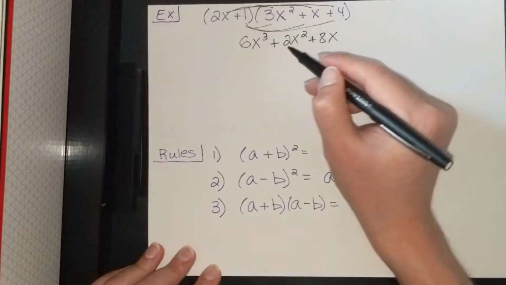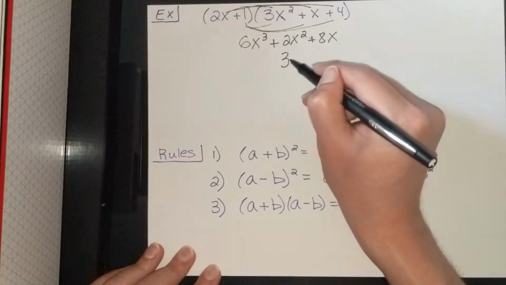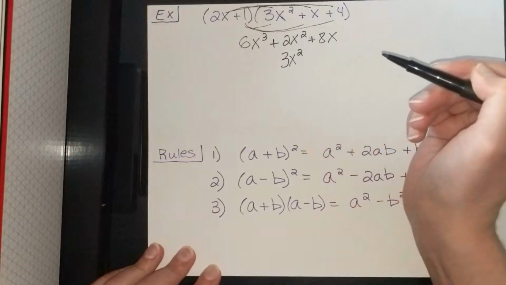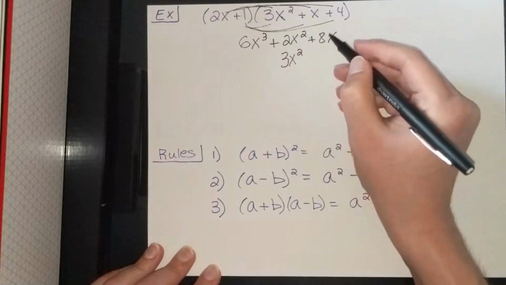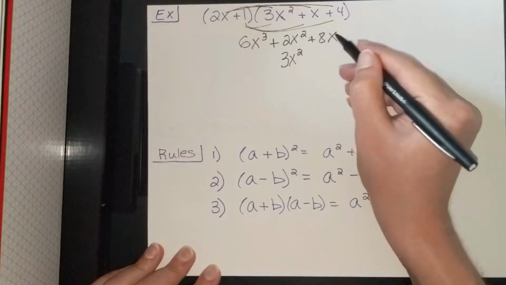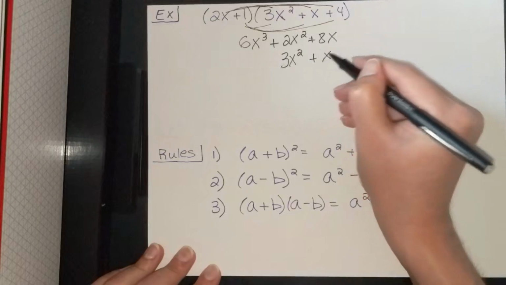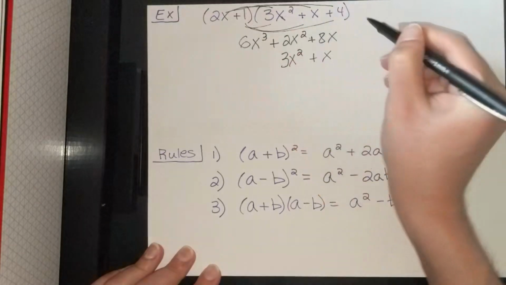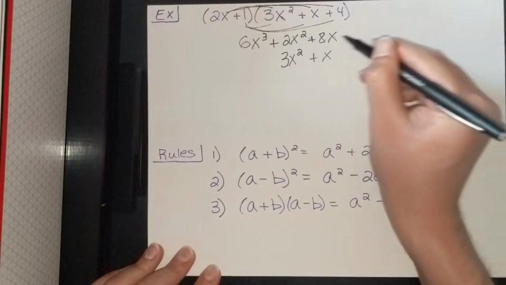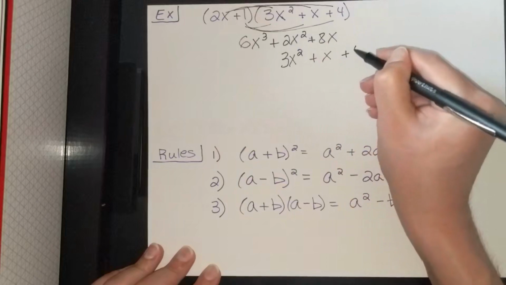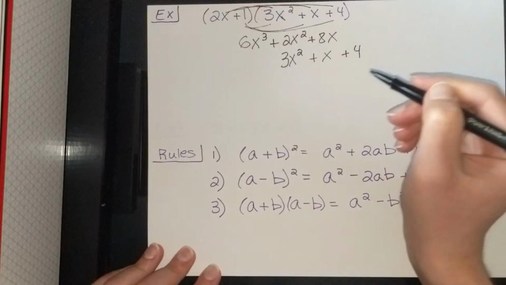Notice we have a 2x squared here. We are going to write the 3x squared directly below it. Now the 1 times x will give us plus x, which we will write below the 8x. And finally, 1 times 4 will give us 4. There isn't a constant term in the top, so we'll just write plus 4 at the end.